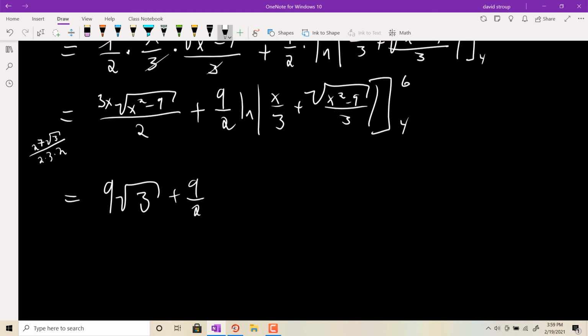plus 9/2 ln of the absolute value of 2 plus 3 root 3 over 3, so that would be root 3, minus, plug a 4 in there. 16 minus 9 is 7, so when you plug in a 4, you'll get 6 root 7, it seems.